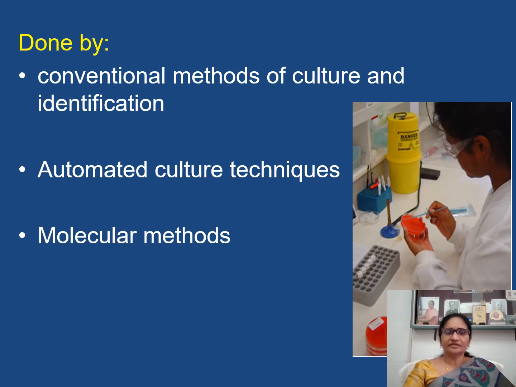We can cultivate the bacteria by conventional methods, that is by culture, and then we can identify with the help of biochemical reactions. Apart from that, without cultivating the bacteria, we have some automation methods available directly for identification of bacteria. And not only that, we have molecular methods.